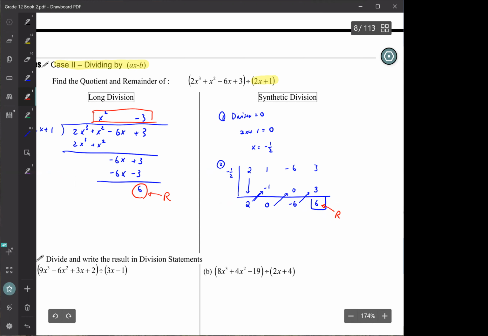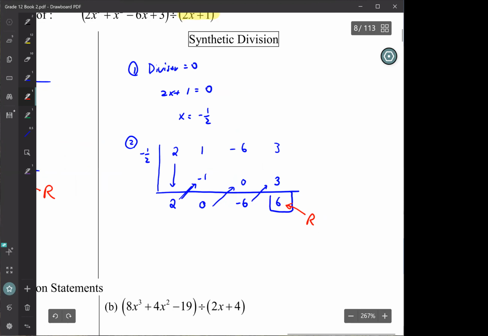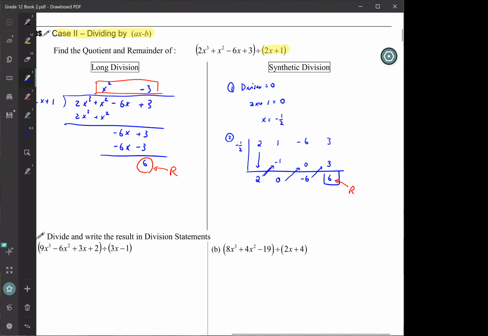Now the quotient: what will be the variable for the quotient? What degree do we start with? Donna? 2x squared. Yeah, we start with x squared because the first term of the dividend was x cubed. Remember, you have to lower it by 1 degree. So it'll be 2x squared.